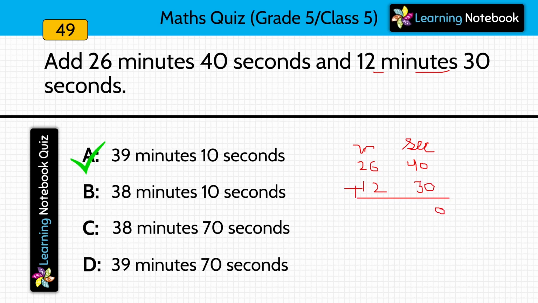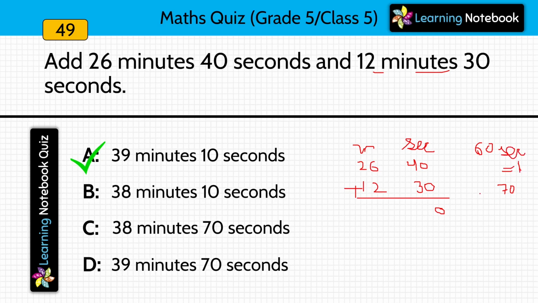0 plus 0 is 0, 4 plus 3 is 7. Now students, look here. 4 plus 3 is 7, so we will get 70 here. 70 seconds. Now we know that 60 seconds equals 1 minute, right?